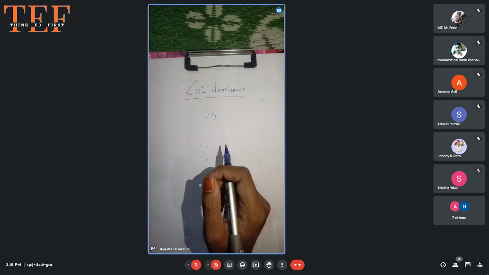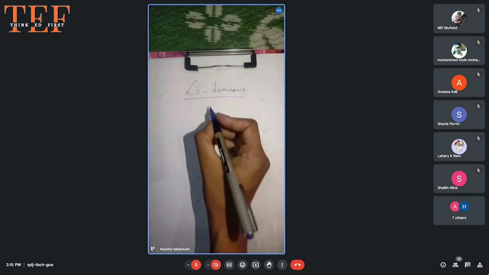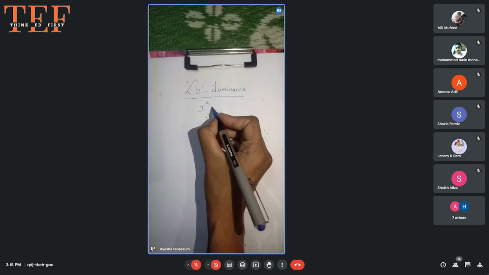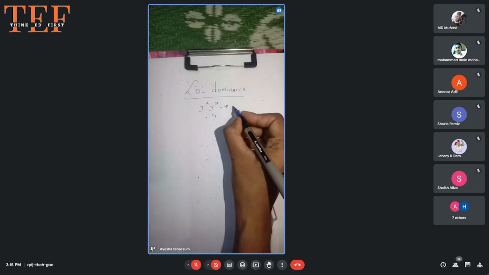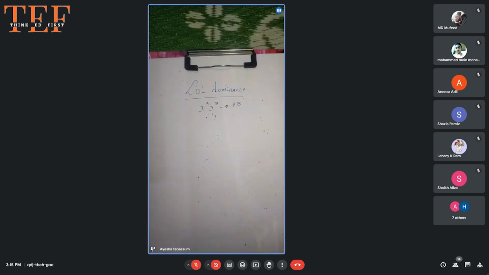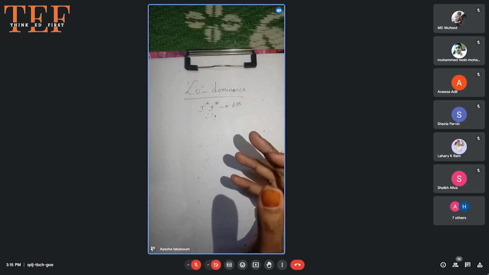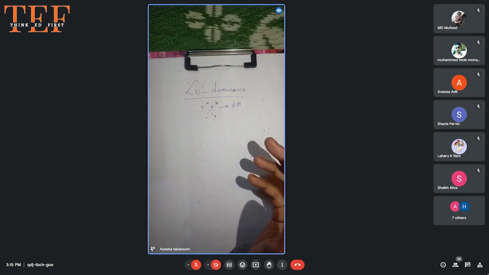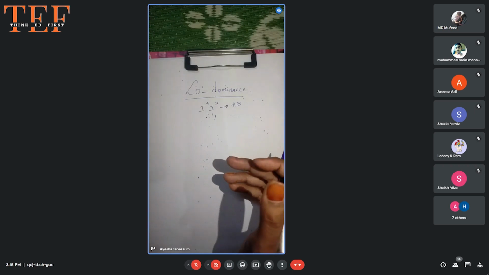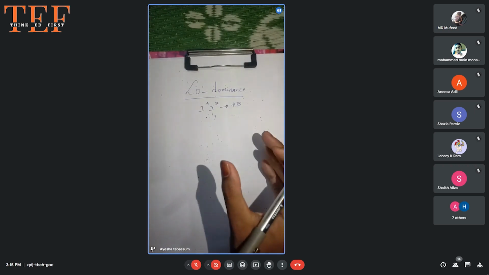For example, for the blood group AB, the genotype IA IB should express to produce the blood group AB. So this is an example of codominance. Even in case of animals, if you cross a cow with an ox, the ox is black in color, the cow is completely white in color, but the offspring will have patches of both black and white.